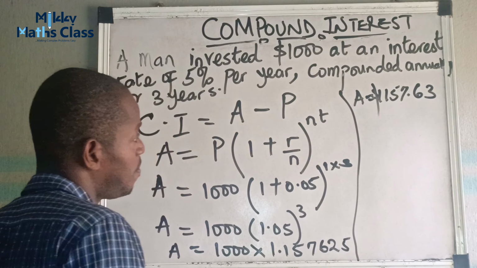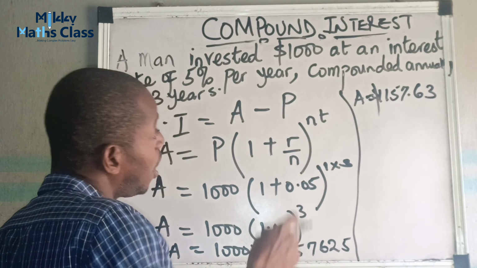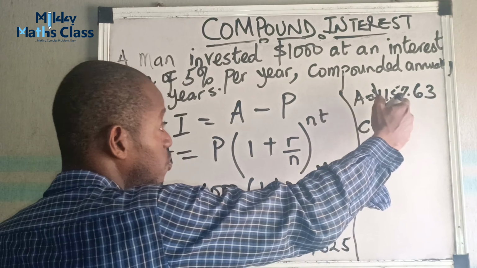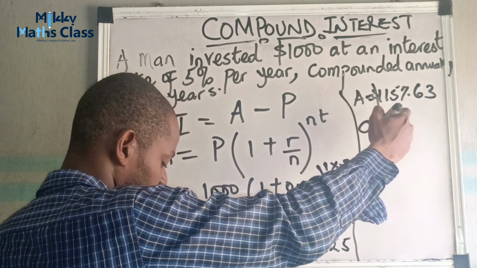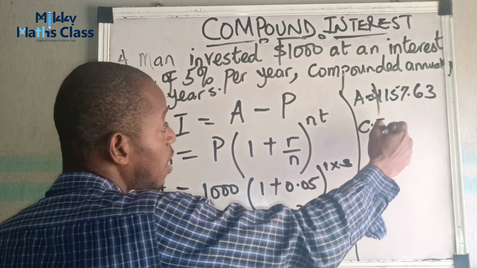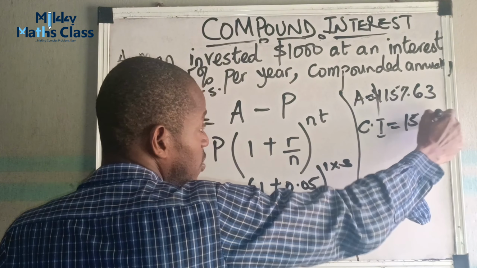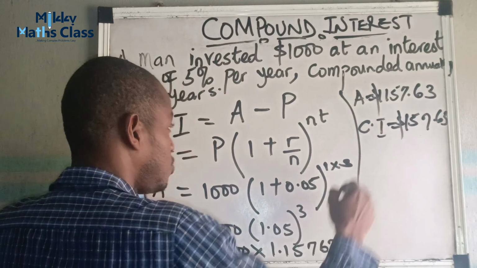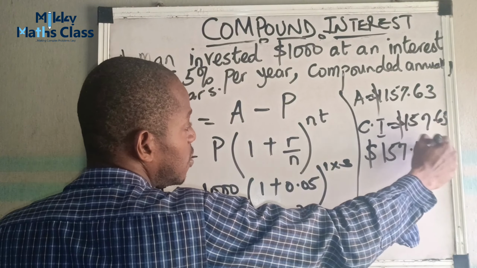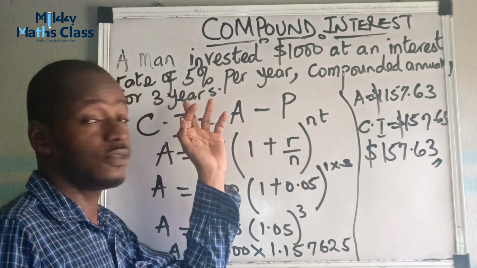So our compound interest will now be 1,157.63 minus 1,000. That will give us $157.63. So that's the compound interest at the end of 3 years.